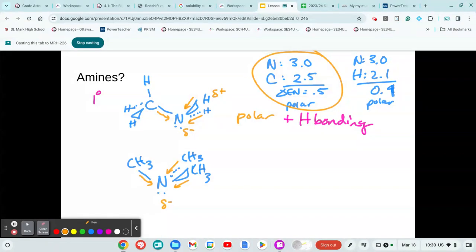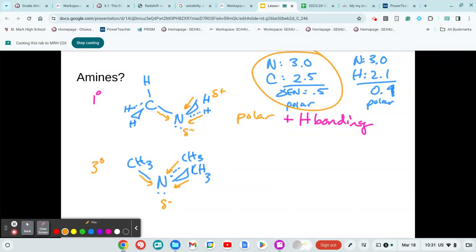So out of those 2 compounds, well, first off, does the second one have any hydrogen bonding? The tertiary amine? With itself? No. It would with water, but not with itself. So this one doesn't have any hydrogen bonding with itself.